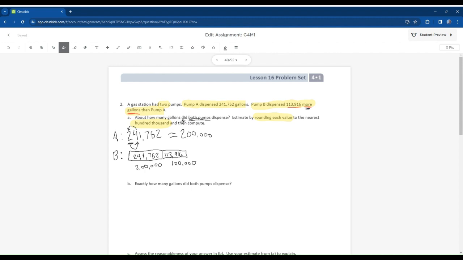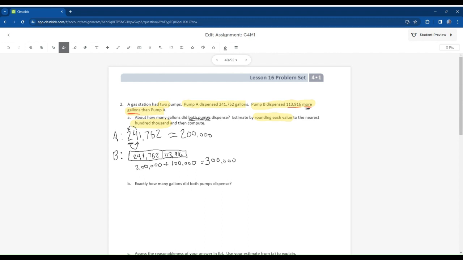So since these are two-step word problems, that was my first step. I needed to figure out about how many gallons were in pump B, and then I can add it to pump A. So really I need to add these together. 200,000 plus 100,000 equals 300,000. So I can say pump B dispensed about 300,000 gallons.